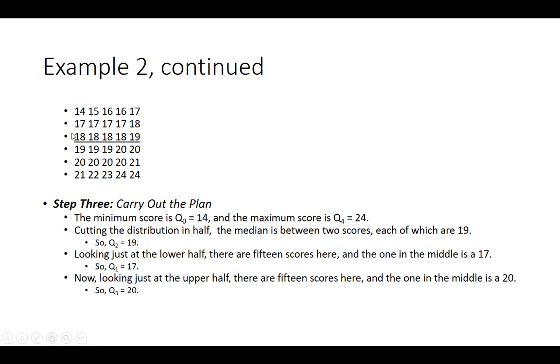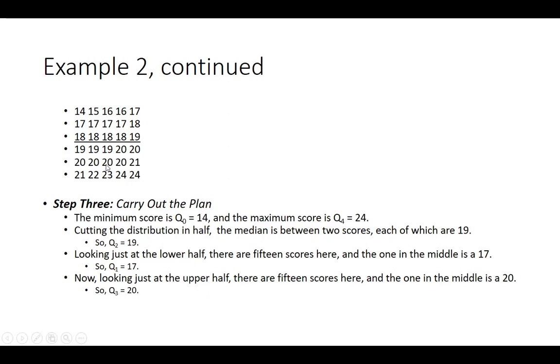Looking at just the lower half, we have 15 scores here. 15 divided by 2 is 7.5. That means we're going to have 7 below and 7 above. And right in the middle is 17. So Q sub 1 is 17. Do the same just for the upper half. 7 below and 7 above.